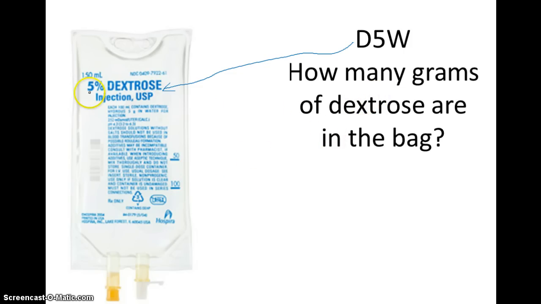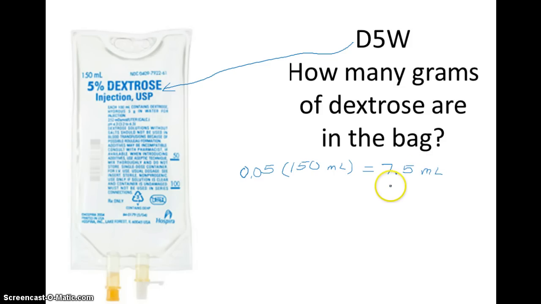Normally when we deal with a percent problem, we can take the percent times the total. And 5%, we'd move the decimal, 0.05 times the total of 150 milliliters, and we put that in our calculator and we get an answer of 7.5, and we would guess that the label would be milliliters.